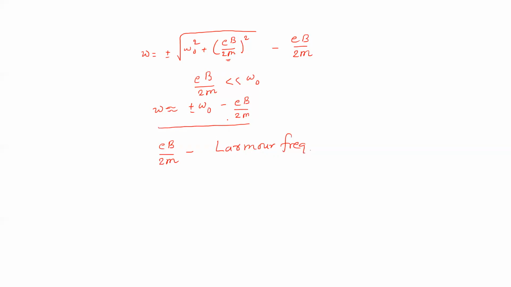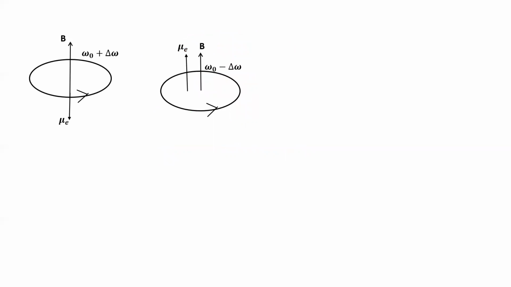So it will be speeded up, it will be added. That is how we can see the effect of application of this magnetic field to the electron orbit. So this is a very important quantity, called the Larmor frequency, and that theorem is called the Larmor theorem.